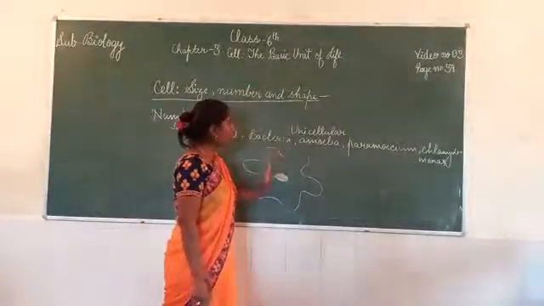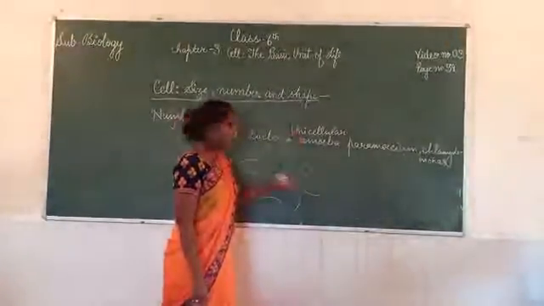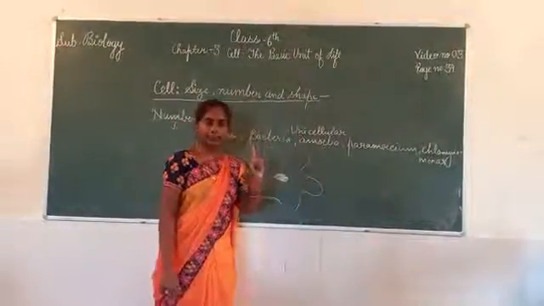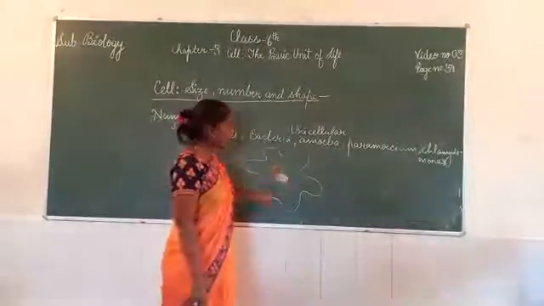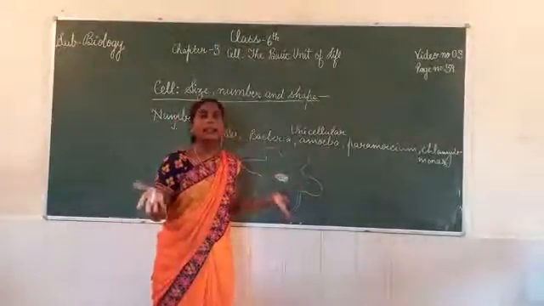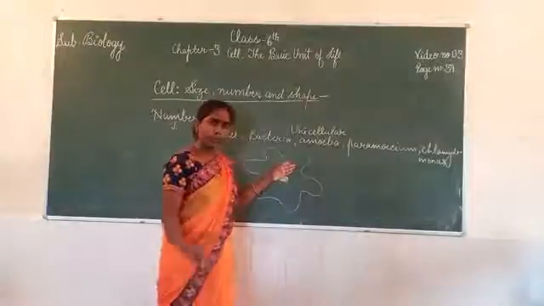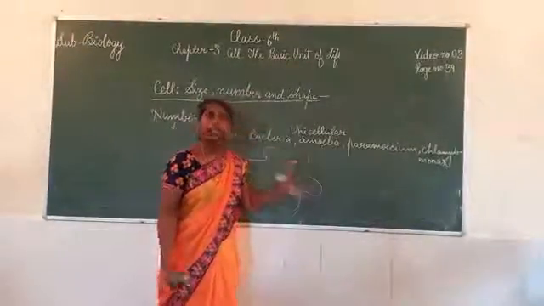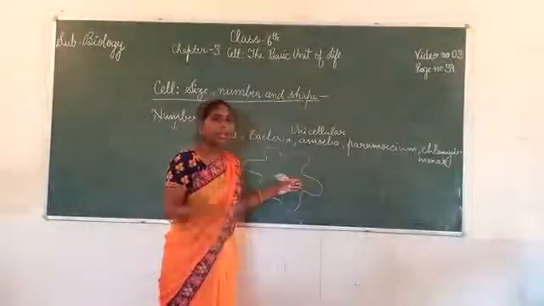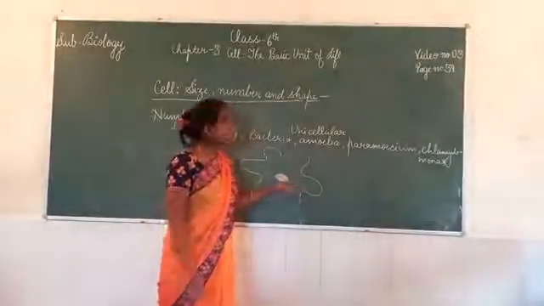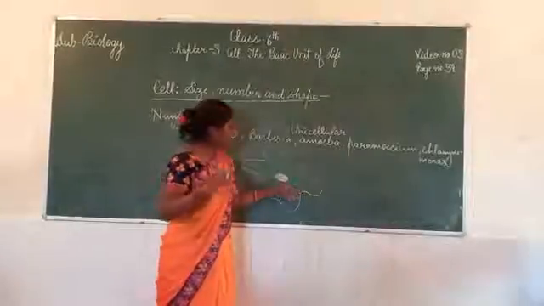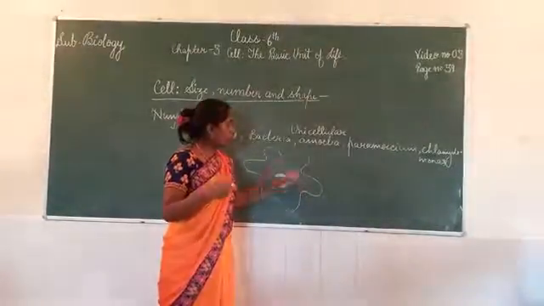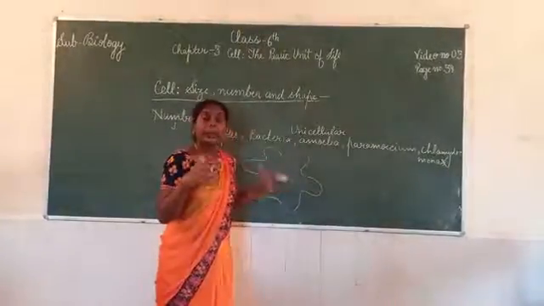This is a unicellular organism, and this single cell organism is capable of performing all the life processes. So, what are the different life processes? It can respire, it can repair, it can locomote, it can digest, it can reproduce.